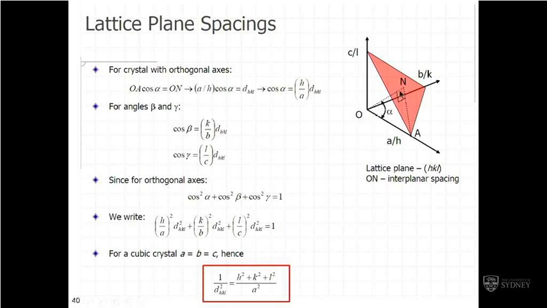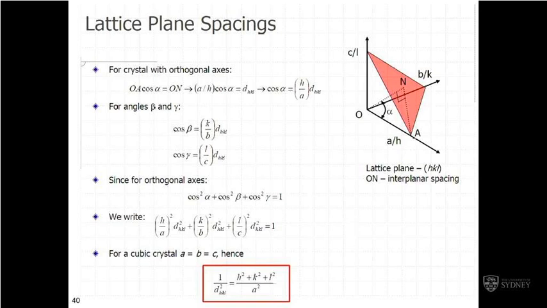And then you just do the same thing for the other axes, the b and c axes. You can call the angles alpha, beta, gamma. Just keeping it general, doesn't have to be a cube. We've got a, b, c, so it could be orthogonal. They're not equal yet, the a, b, and c.